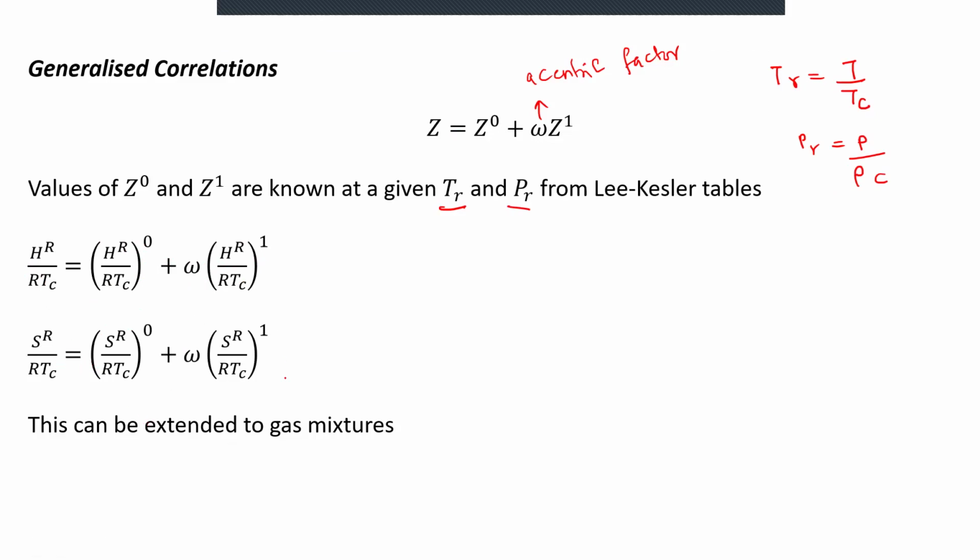So this thing can be actually extended to gas mixtures. Theoretically, this extension is not valid or not explained properly, but these are just approximations which can be made for gas mixtures only. So where we write omega, which acts as the acentric factor, is summation of yi into omega i. Here yi is the mole fraction of gas i or species i.